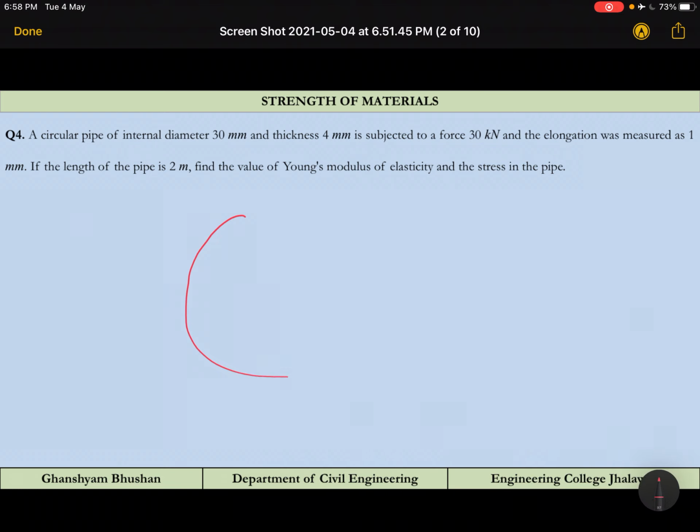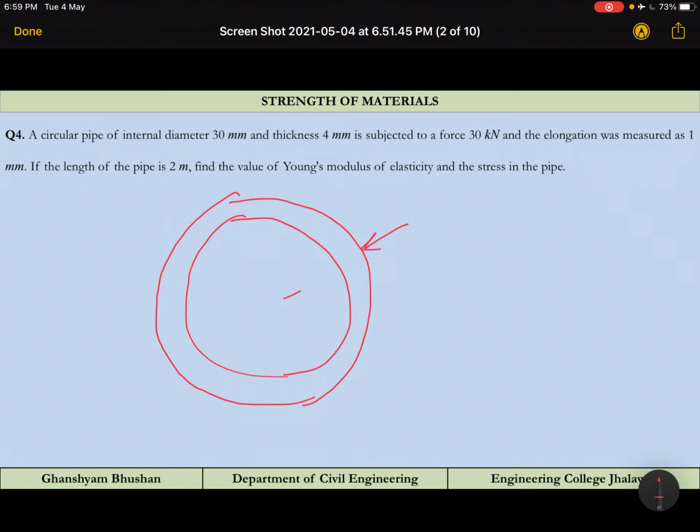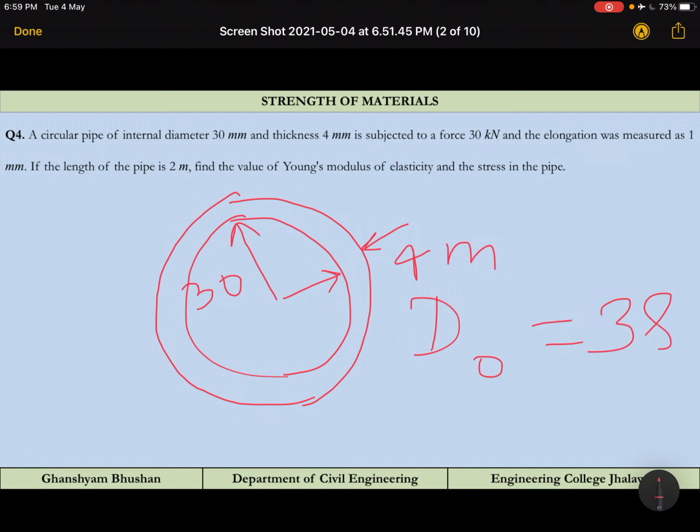So the bar is circular and it is having a thickness of something like this. So this thickness is 4 mm, and internal diameter is 30. So total outer diameter will be 30 plus 8, 38 mm.